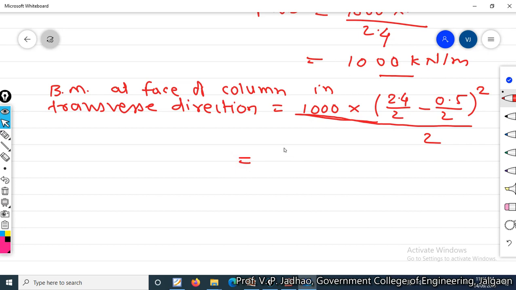This bending moment value comes out to be 451.25 kilonewton meter.